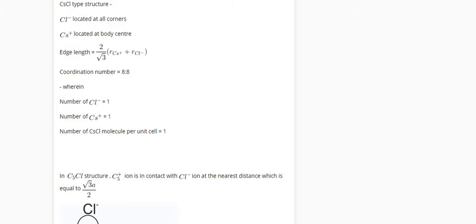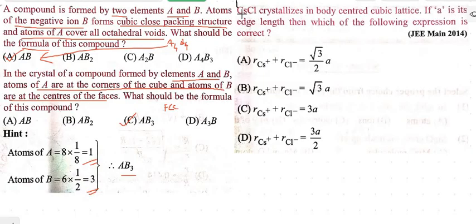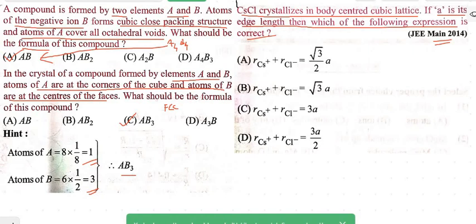So before proceeding, we need to first read the question, and the question says cesium chloride crystallizes in the body centered cubic lattice. If a is its edge length, then which of the following expressions is correct? This was asked in Mains 2014, and we will see the explanation.